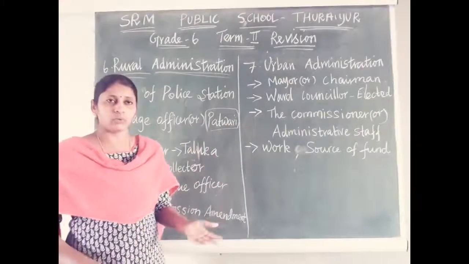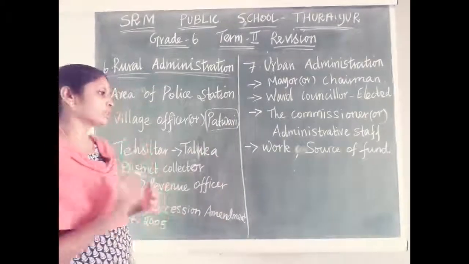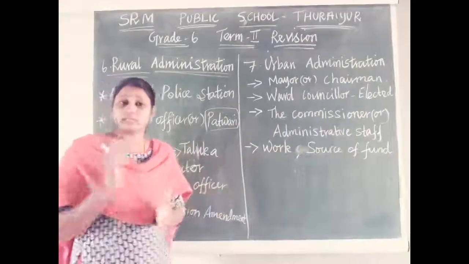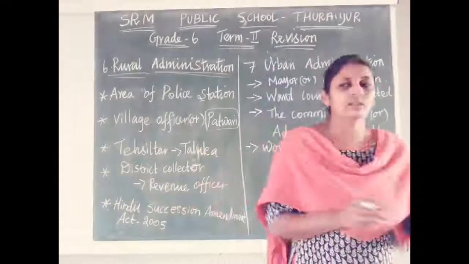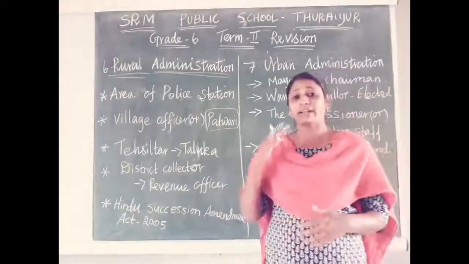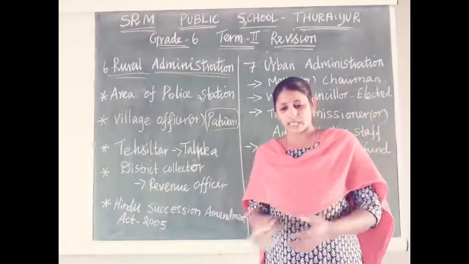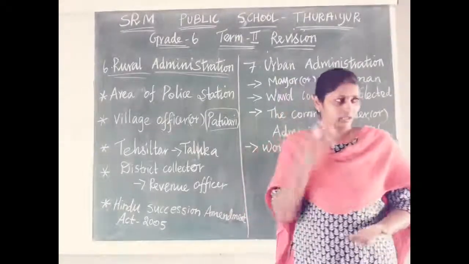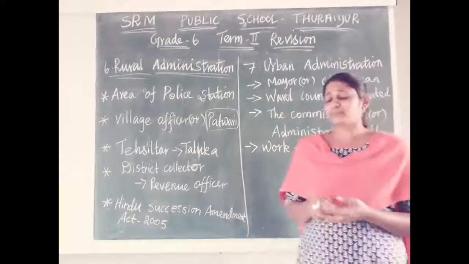Village VAO, like that we call him by various names. So Patwari. What is the work of a Patwari? He has to maintain all land records: how much land is in that particular village, how many buildings we have, how many houses we have in that village, like that.